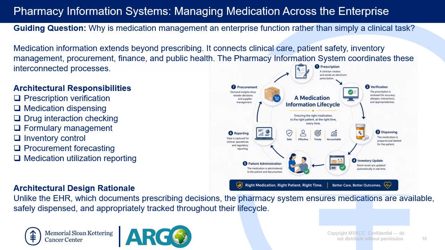We don't have this medication anymore, so they do their inventory adjustment, right? We have to bill for this, so they do their financial charging, right? So each step generates information that supports decisions beyond what you have at the bedside.